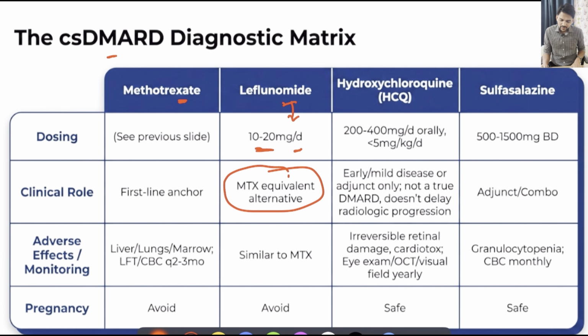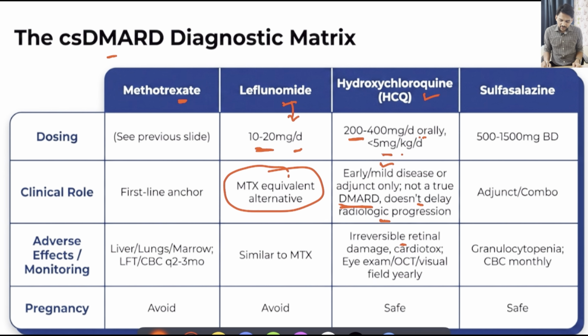Coming to the other conventional DMARDs, that is hydroxychloroquine, it is seen that it does not delay the radiological progression of the disease. So many will not consider it as a true DMARD. But still, we can choose this particular medication in early and mild disease or as adjuvant therapy along with methotrexate and sulfasalazine as a triple combination medication, and the dosage is 200 to 400 milligram per day orally, and it should not cross 5 mg per kg per day.